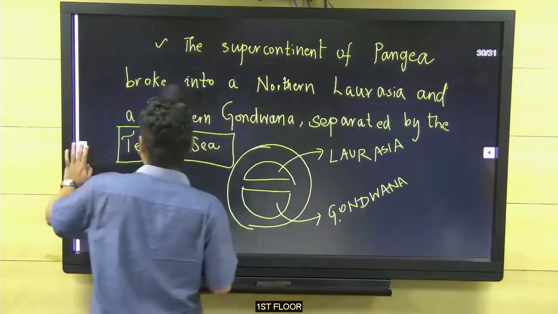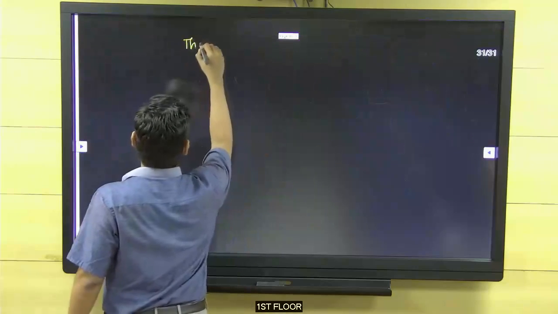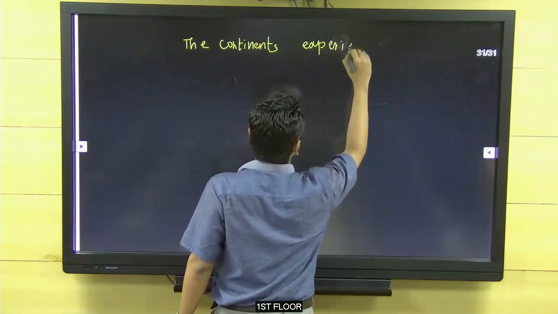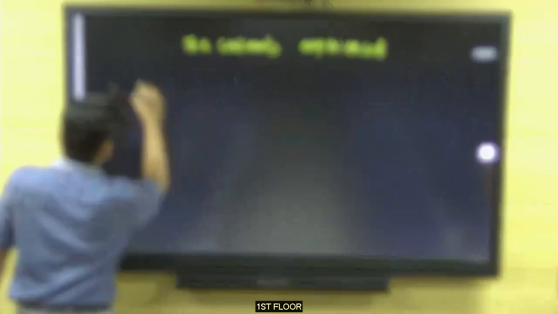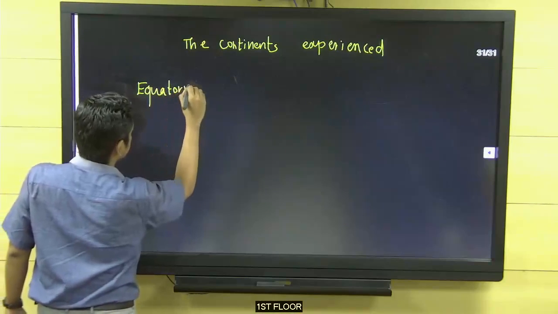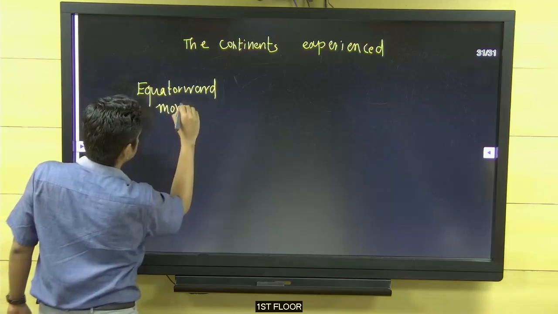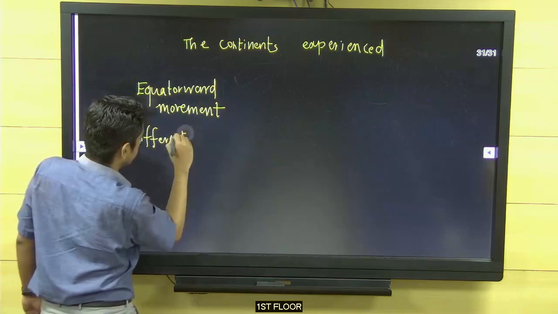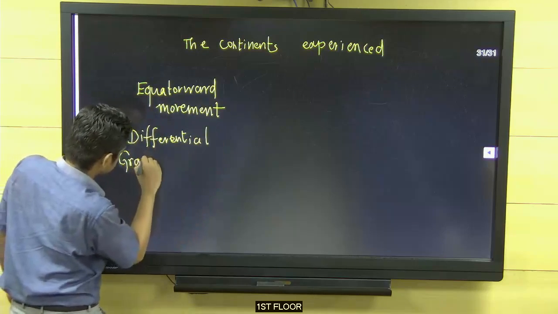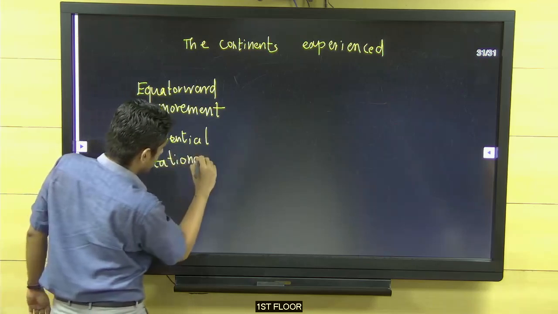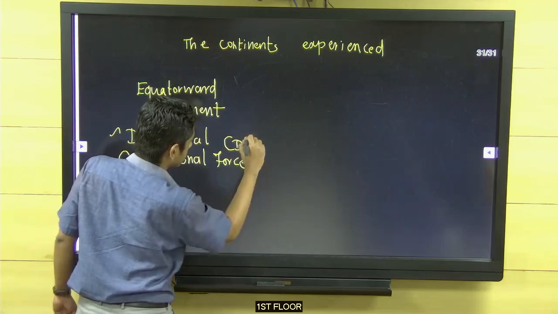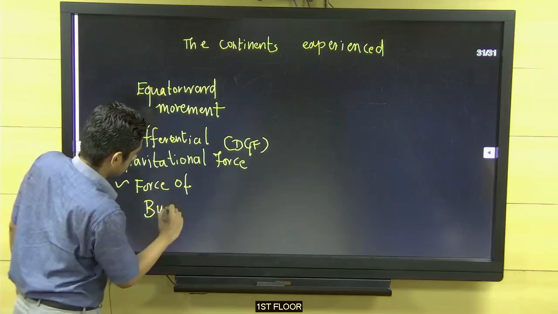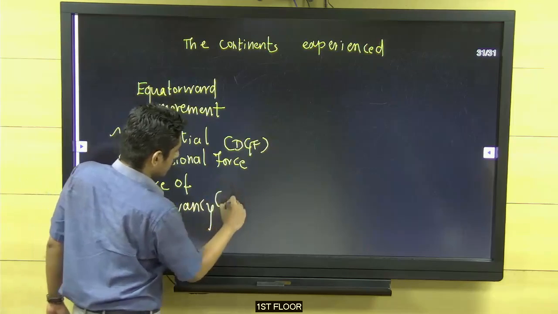So next statement, the continents experienced equatorward movement governed by differential gravitational force, DGF, and force of buoyancy, called FOB.